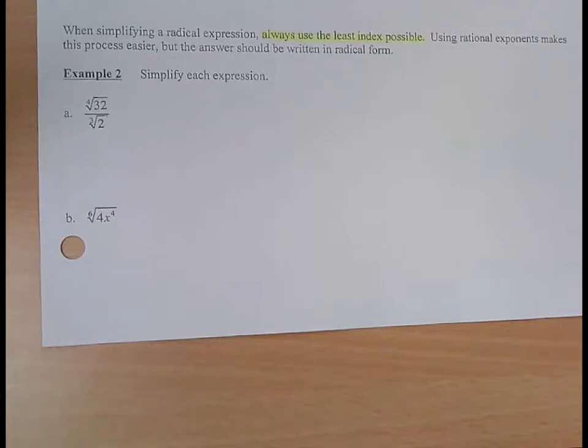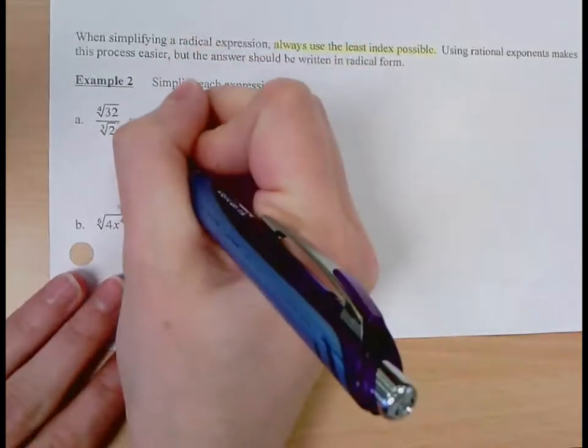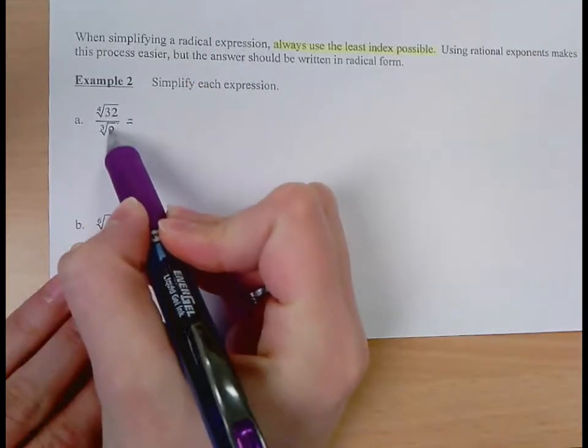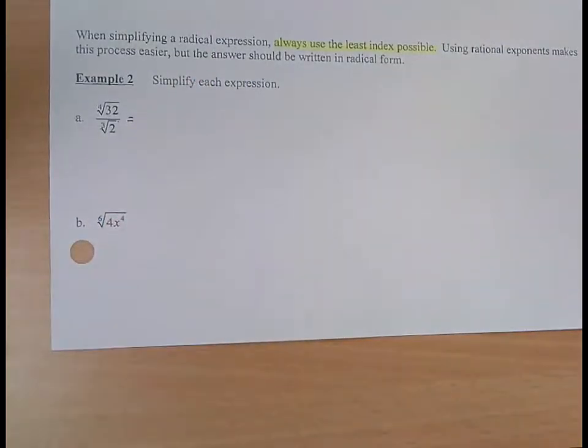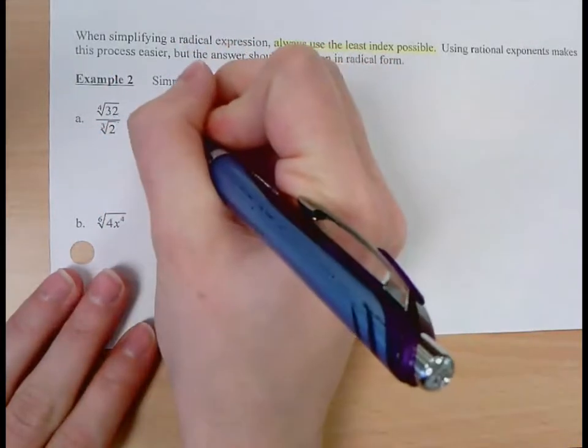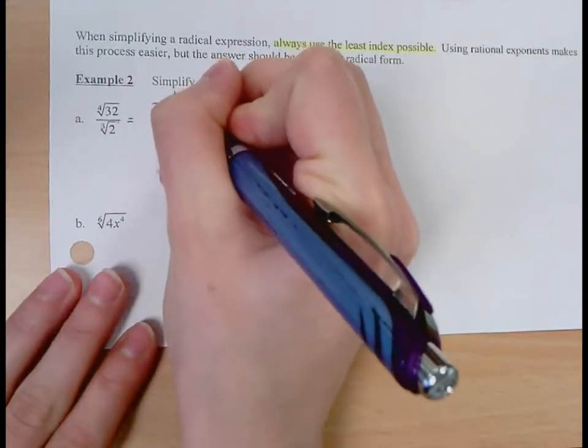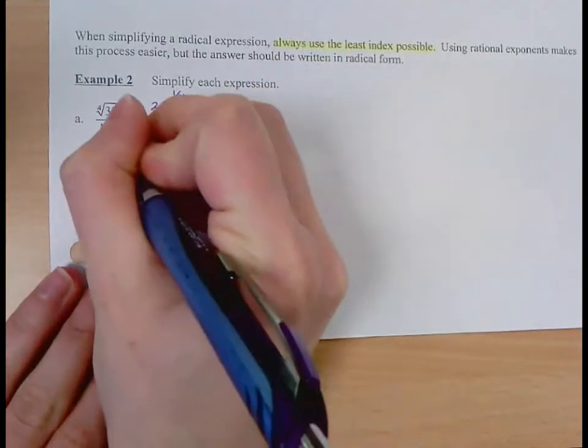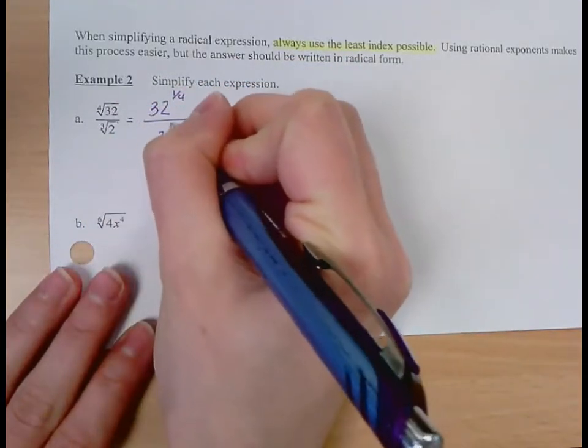So as it is right now, I'm going to rewrite both of these radicals in exponential form. I'm going to write the 4th root of 32 as 32 to the 1/4 over the cube root of 2, which is 2 to the 1/3.